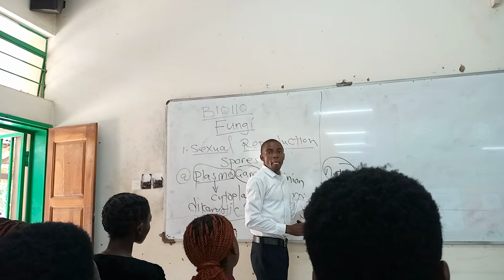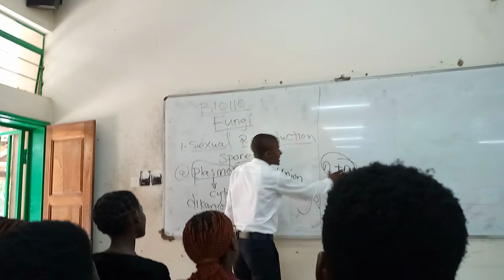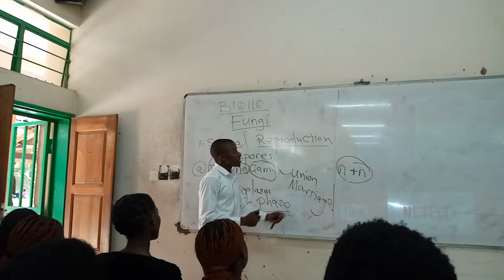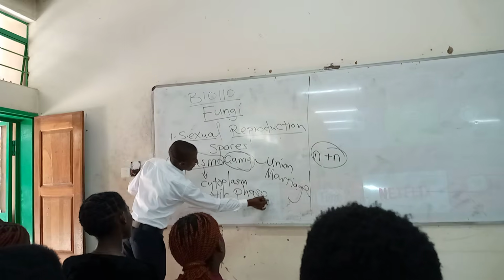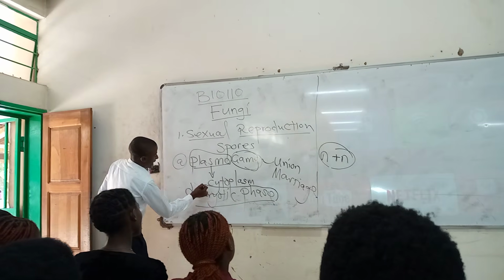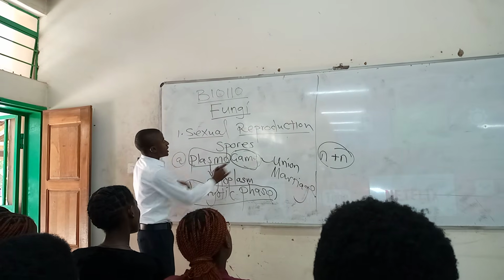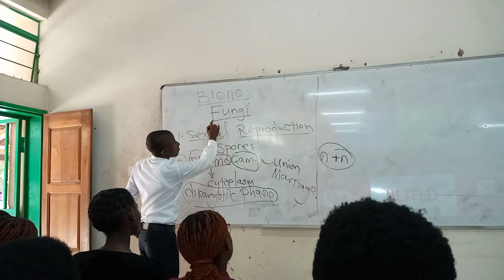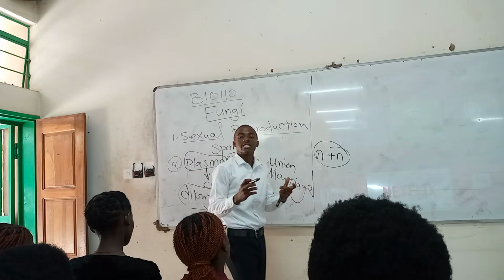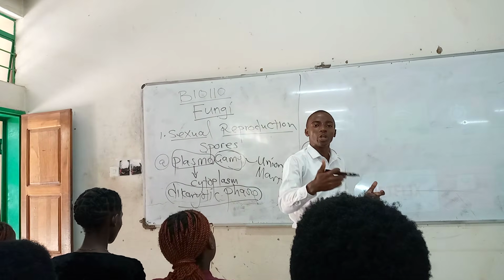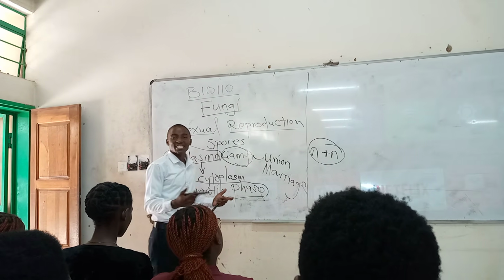Is it making sense? Now, the purpose of the dikaryotic phase is that it gives time to the spores or fungi that are produced so that they can reproduce during favorable conditions, so that they are not damaged. Is it making sense?